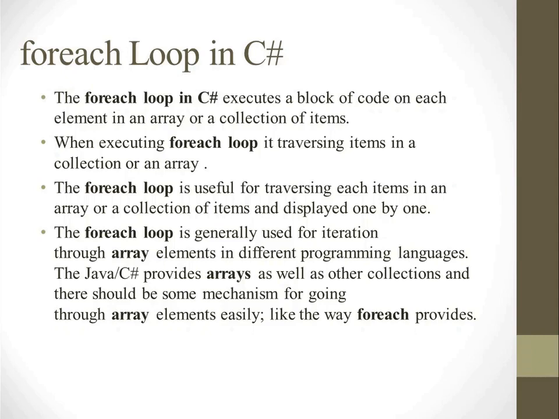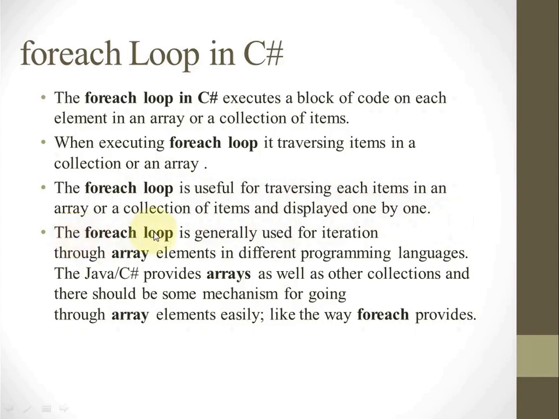But as you can see, here we have a fourth type of loop in C#, which is again a special type of loop, because it depends on the elements of an array, or you can say a collection of items. When executing a for each loop, it traverses items in a collection or in an array. The for each loop is useful for traversing each item in an array or collection and displaying them one by one.